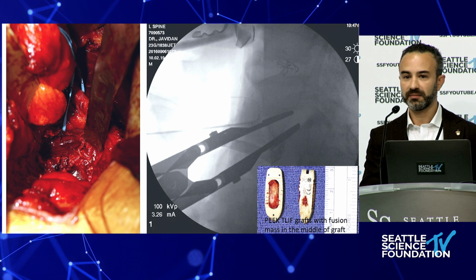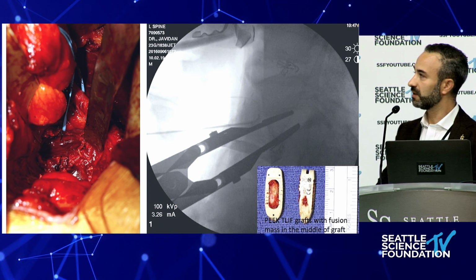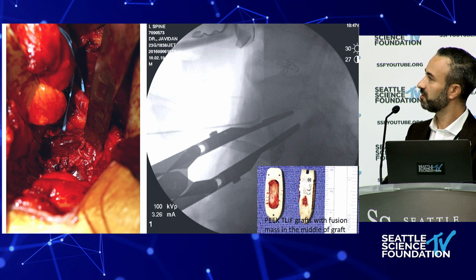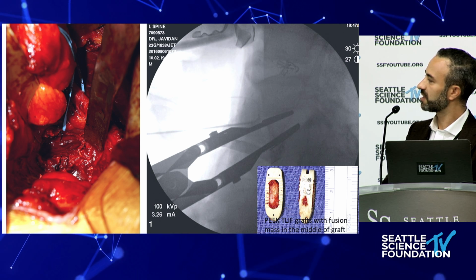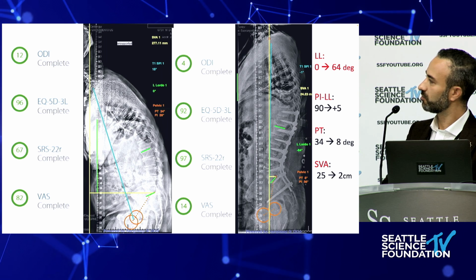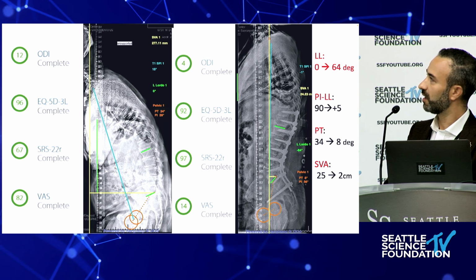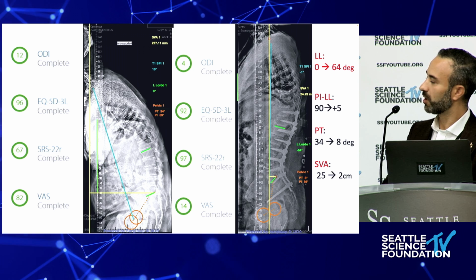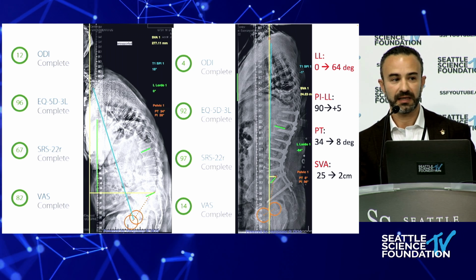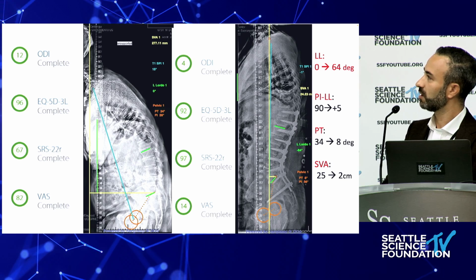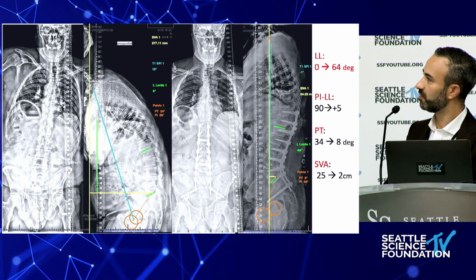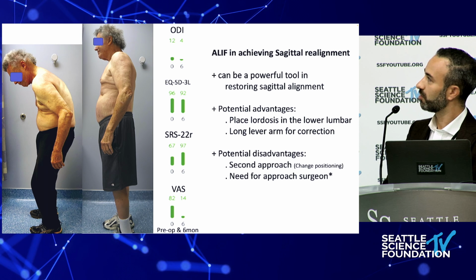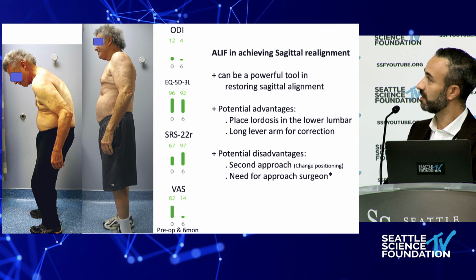So in this case, we decided to do a revision and osteotomize through the already fused segments, and with a 2-level ALIF, we were able to achieve the lower lumbar lordosis and get a correction in this patient with improvement of their HRQOL outcomes, as you can see.